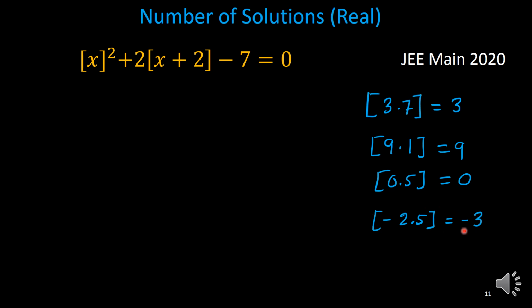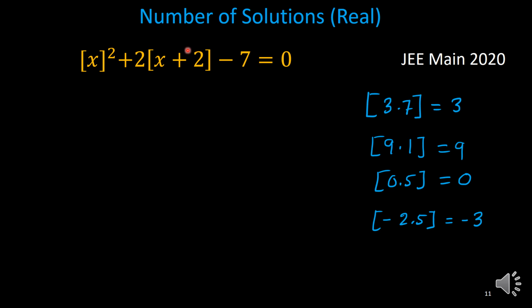Be careful here. And again, you can see here the square bracket with x plus 2. So what is this? Suppose I add 2 here, 3.7 plus 2 becomes 5.7, and the greatest integer will be 5. And the greatest integer of 3.7 is 3, so 3 plus 2 is 5 again.